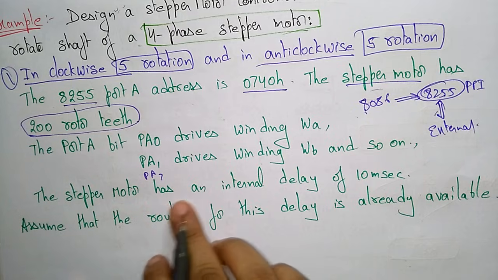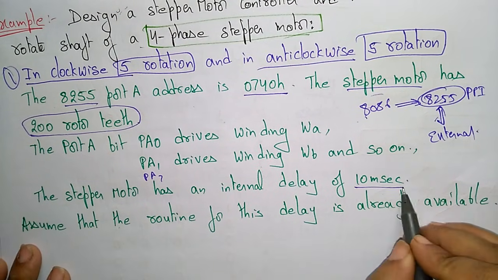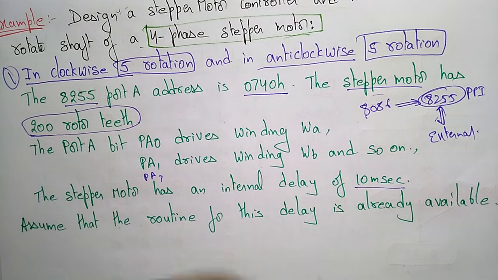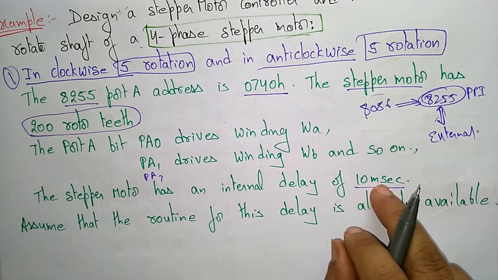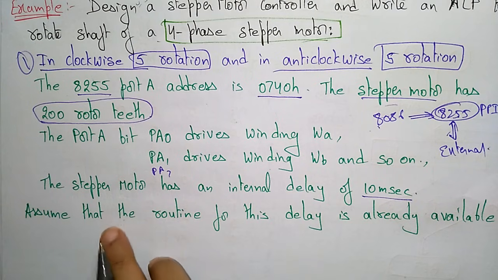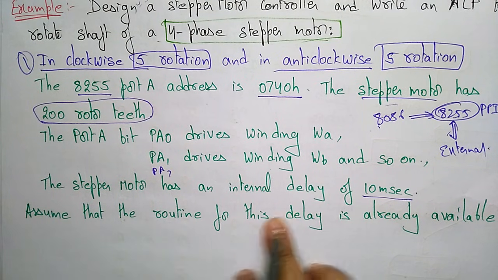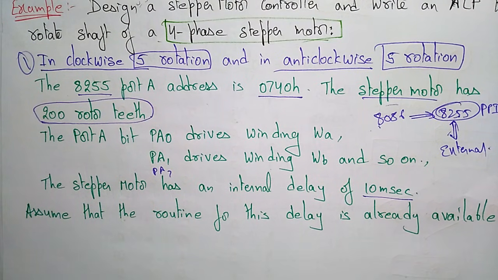And the stepper motor has an internal delay of 10 milliseconds. So whether the motor is rotating in anti-clockwise or clockwise direction, the internal delay it takes is 10 milliseconds. And assume that the routine for this delay is already available.